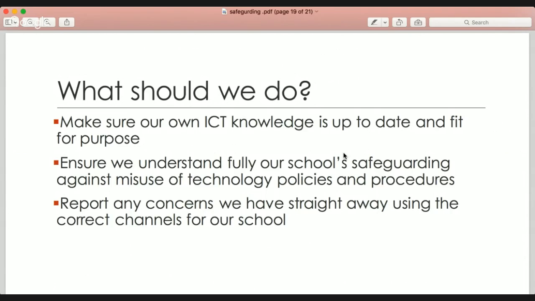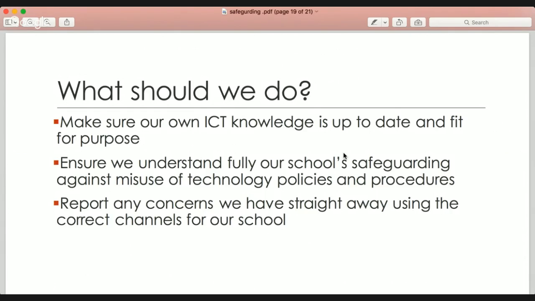We must make sure we understand our school's safeguarding policies and make sure that we have read and understood the up-to-date additions to these policies, particularly those relating to technology. They are upgraded regularly. Schools must do this. And you have access to these. They're either online, in some instances on your school's website, or if not, they are available from your school. But make sure that you understand it.